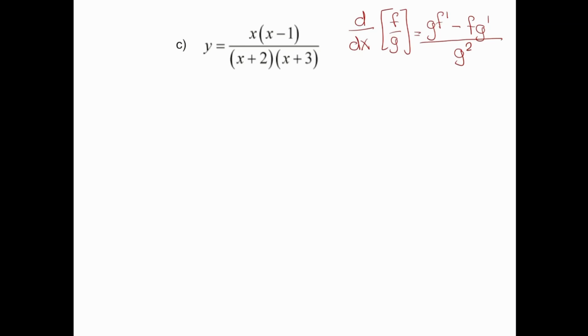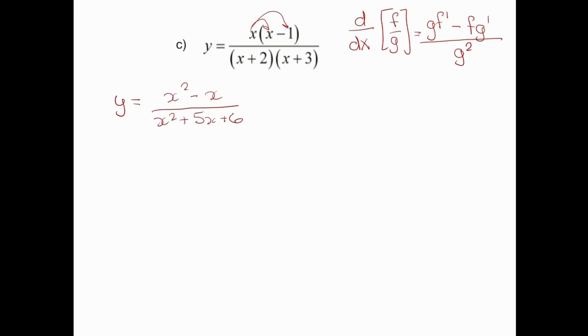Okay, so let's take a look at this one. We have a lot going on with this one. The very first thing that we're going to do is simplify it to take the derivatives, and then we're going to break it back out in order to be able to do our quotient rules. So when we expand this out, I'm going to distribute, and I end up with x squared minus x on the top, and on the bottom, if we FOIL this, we end up with x squared plus 5x plus 6.